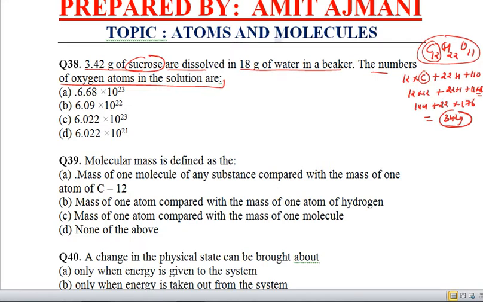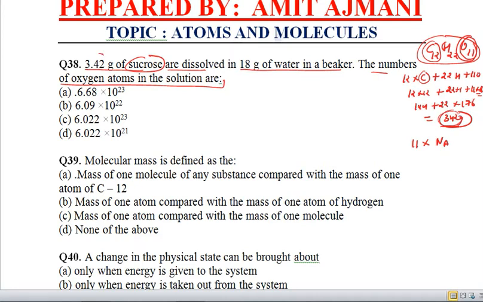Now in this, if we try to relate how many oxygen atoms are present, 11. So what we will relate is the number of oxygen atoms which are present in 342 grams is actually 11 multiplied by the Avogadro number, right? Now, quite importantly, number of oxygen atoms in 342 grams is 11 into Avogadro number.